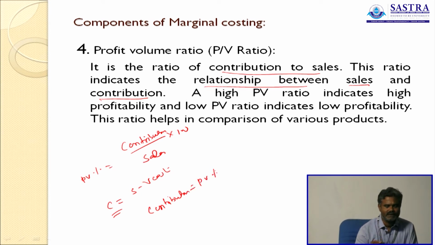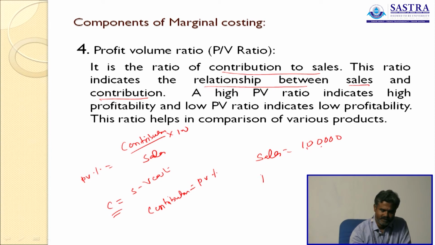Suppose whenever the contribution is not given in the problem, definitely PV ratio is given. Because already you know the PV ratio is contribution to sales. So, PV ratio is given. Take for example, sales 1 lakh, PV ratio 40%.